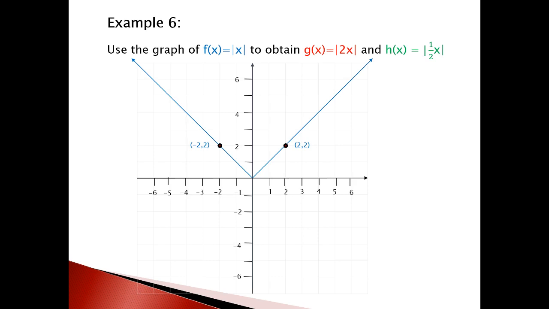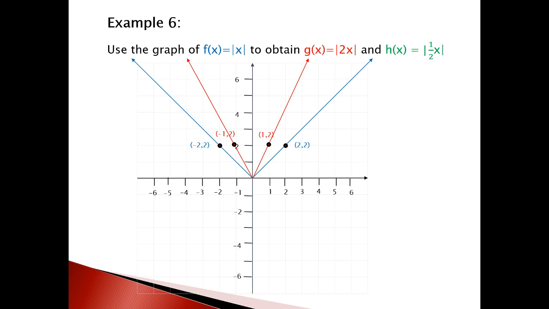So this is a horizontal shrink. The graph will be shrunk horizontally towards the y-axis by 2 units.